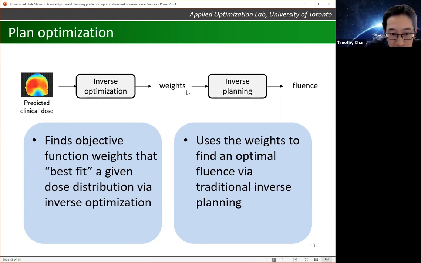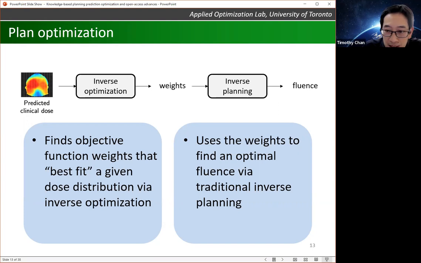So we learn those weights in this process, which we call inverse optimization. And then, a bit confusingly, we use those weights in what really I should call a forward optimization. In the medical community, they call this inverse planning. So I'm using their terminology, but it's really taking these weights and then using a forward optimization approach to get the optimal solution. So this fluence here just represents the profile of the intensity of the radiation from the different beams.